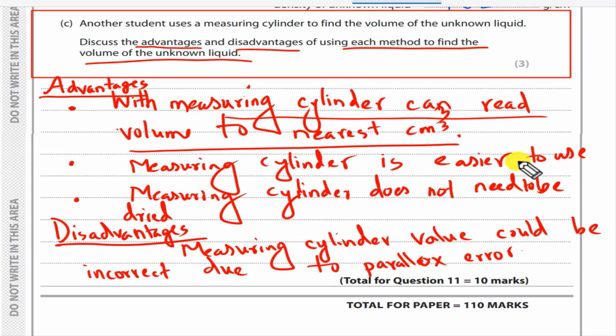On the other hand, the bottle gives volume to the nearest 1 dp.